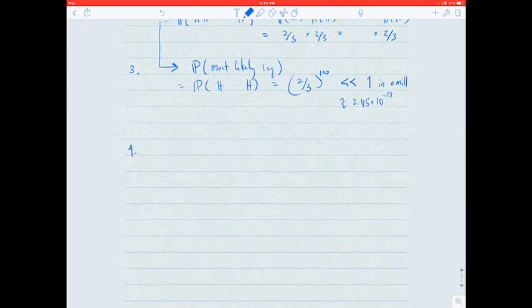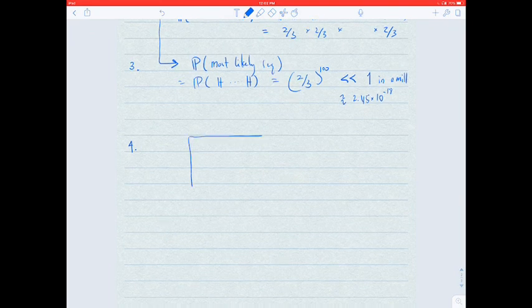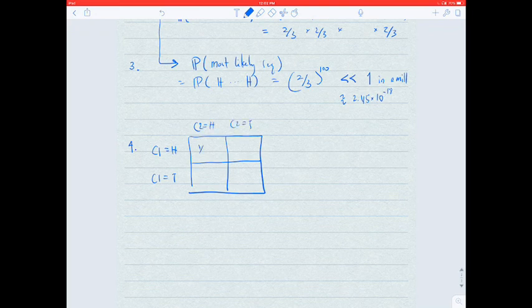The next sequence of questions focuses on asking us to compute marginal and conditional probabilities given joint probabilities. Okay, so what does it mean? We're given this table here: coin 1 equals heads, coin 1 equals tails, coin 2 equals heads, coin 2 equals tails, with entries 1/4, 1/4, 1/6, 1/3.